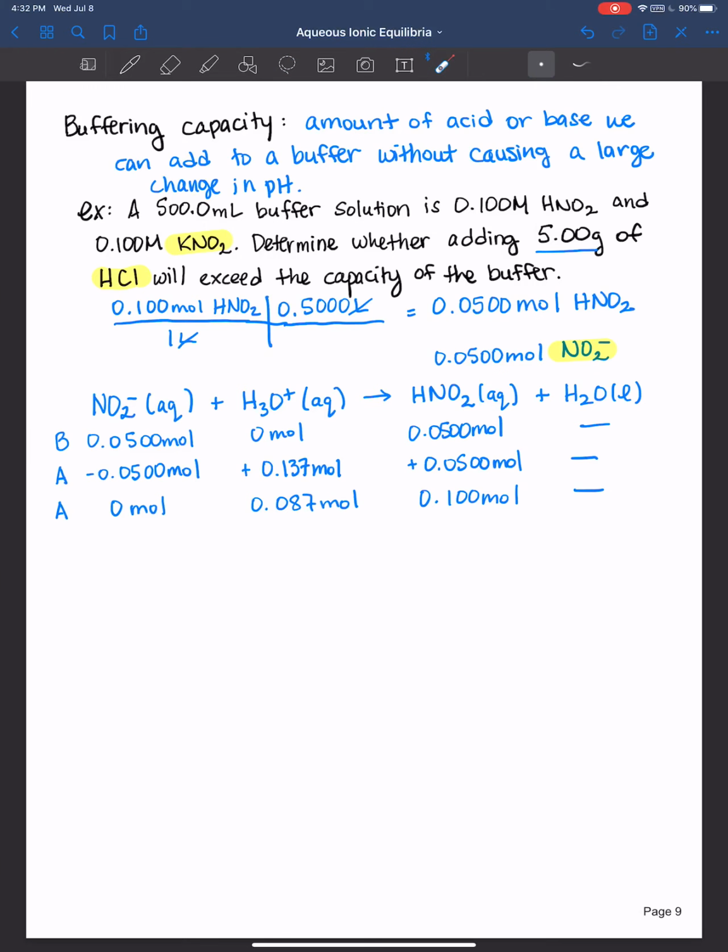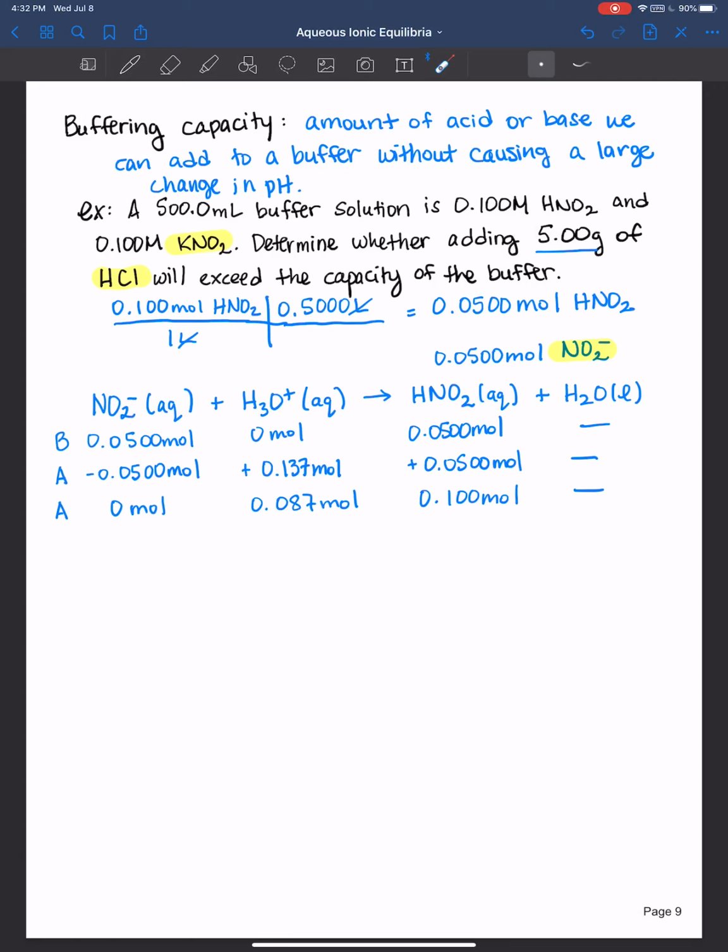Okay, so we've added acid, HCl, into our buffer. It's going to react with the conjugate base of our buffer, right? We started with 0.05 moles, but when we added 0.137 moles, it consumed our conjugate base completely. It was the limiting reactant. And the limiting reactant is completely consumed here.